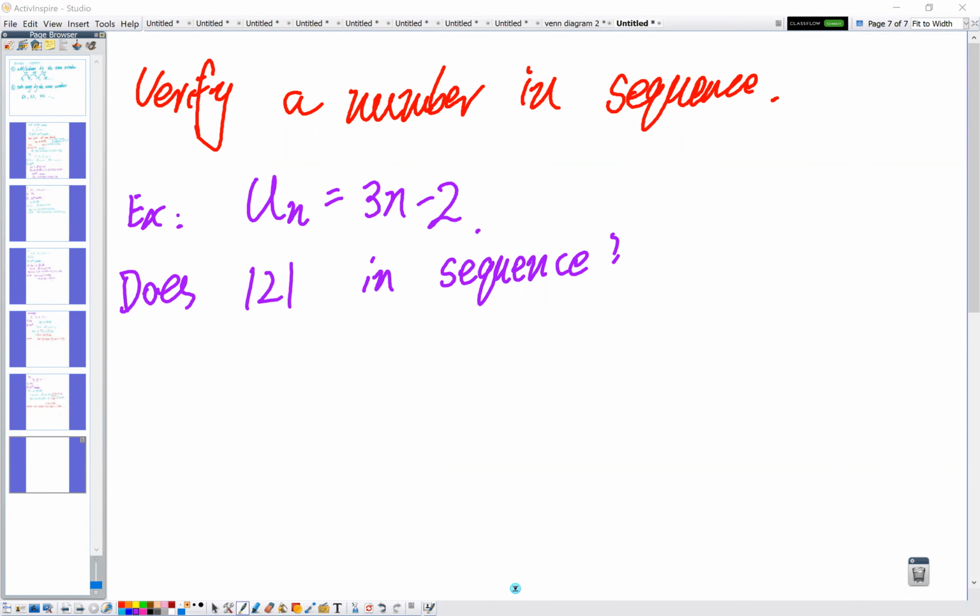The tricky part for this is you just need to set the answer equal to the original number. Then you can find out. So for example, in this case, what can we do? We just use the answer, which is 121, equal to 3n minus 2. So for the opposite calculation, we solve this one with plus 2 on both sides.